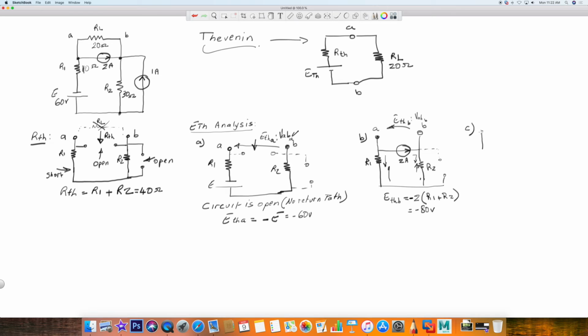Now, part C, we will put back the 1 amp current generator. We will leave the 2 amp open this time, no load, and we will short the voltage supply. And again, the idea is each step you will only handle one form of power supply, either current or voltage, at a time.